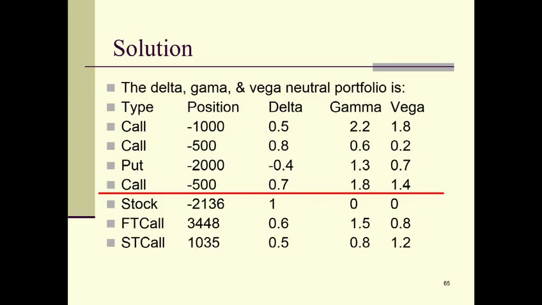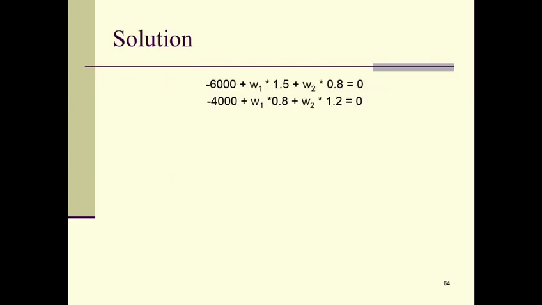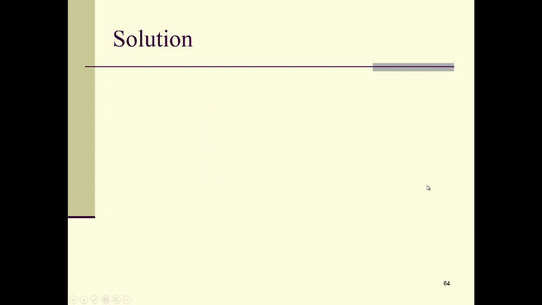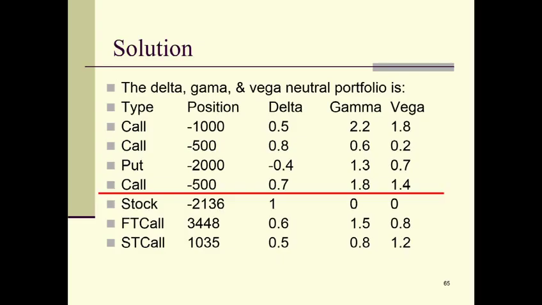Because what you did was, you bought 450 shares to hedge your original portfolio, and then you sold 2,586 shares. Okay, so 2,586 minus 450 gives you 2,136. Okay. Any question?